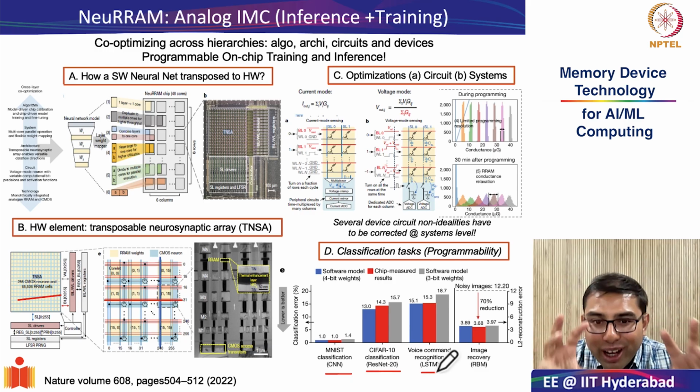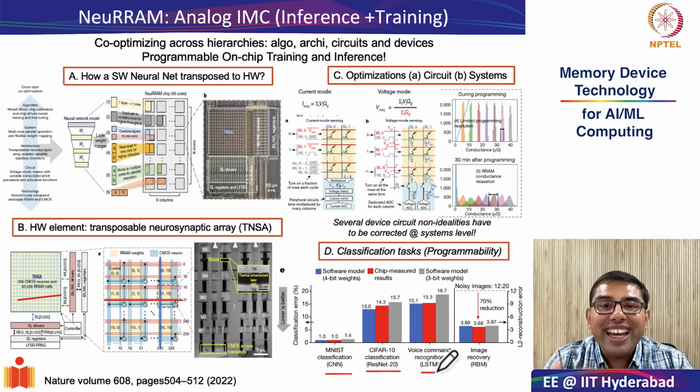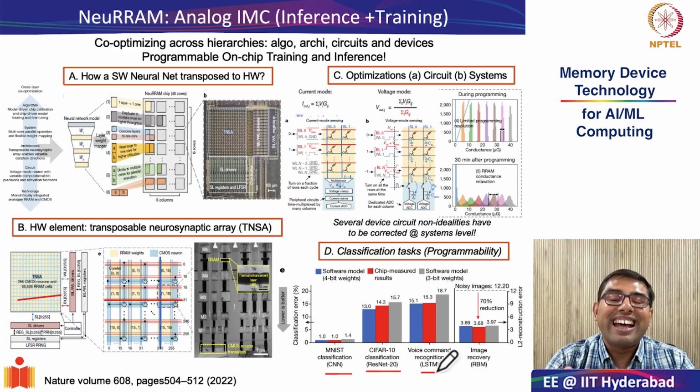Although we were primarily focused on memory device technology and its applications in AI/ML computing, it is important to know that modern computing relies on algorithms, device design, circuits, and systems all coming together to give you the optimal performance. And this is the beauty of this very interdisciplinary field.